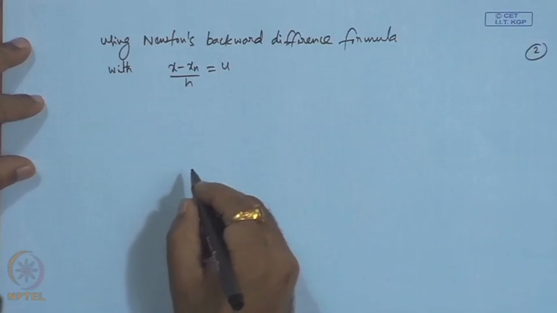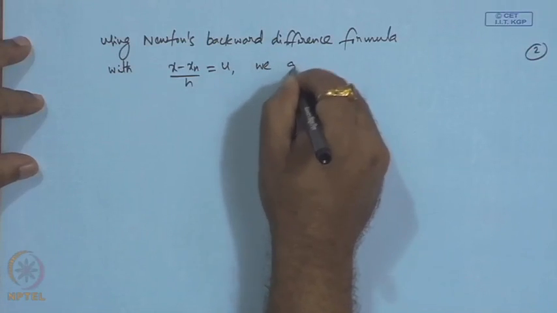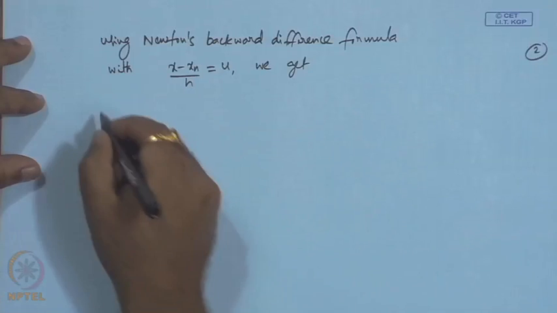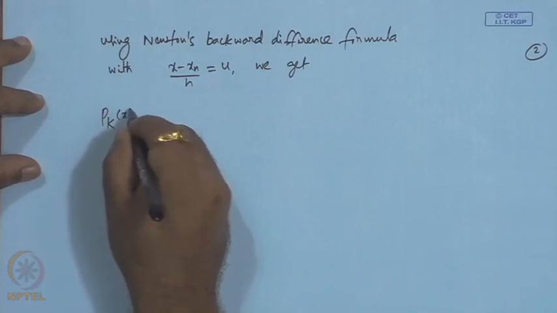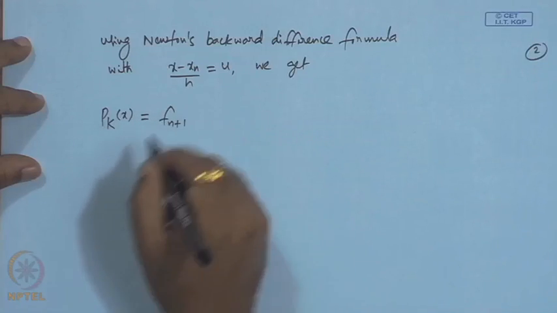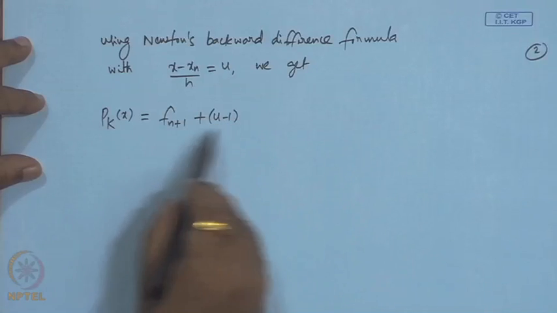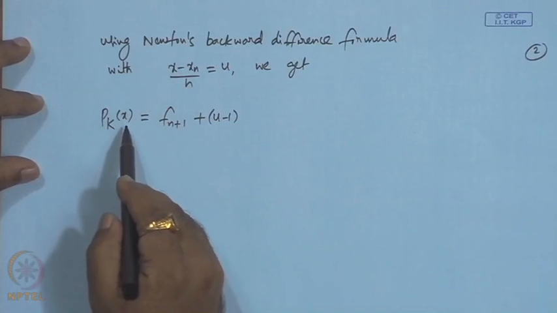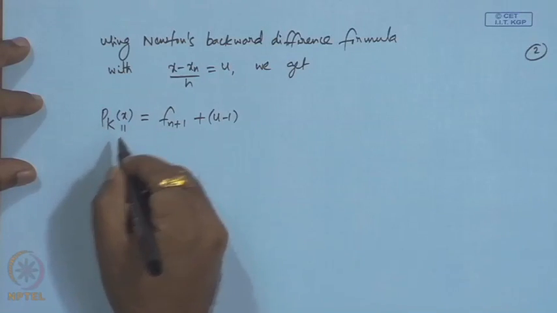We are going to get, of course, a kth degree polynomial, because we have k plus 1 points. So, I am not writing in terms of the x variable. So, directly I am writing in terms of u.